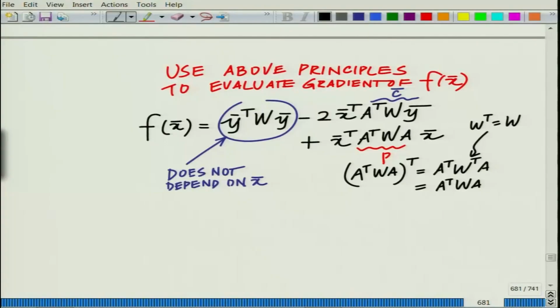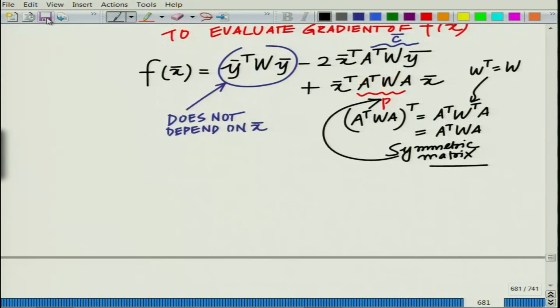Therefore, this P is a symmetric matrix, and therefore, now we evaluate the gradient.